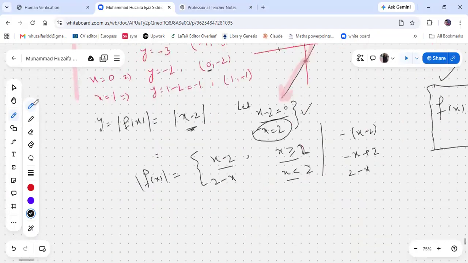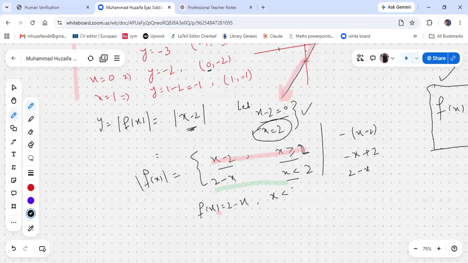Before this, I'm asking you a question: what is the graphical representation of that function, and how can we construct it? We already found this type of function and its graphical representation. Here we set x less than 2, so our f of x is equal to 2 minus x.